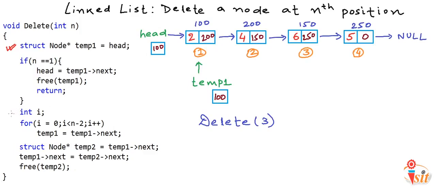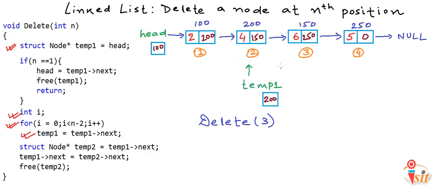So we come to this particular loop. N is equal to 3, so this loop will execute exactly once. This statement will execute exactly once. So temp1 will now move to address 200. So temp1 is now pointing to the second node. This is what we wanted to do. We wanted temp1 to point to n minus 1th node.